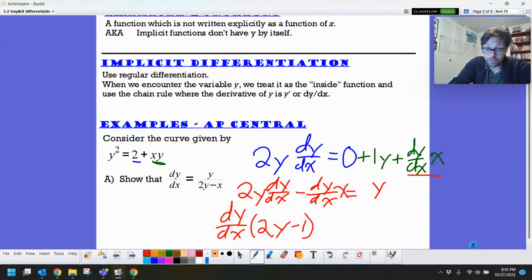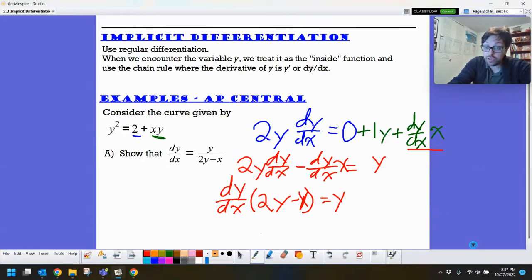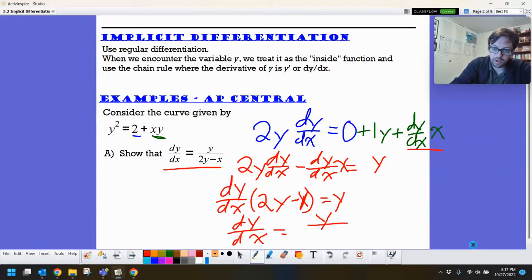I missed an x earlier, so we get (2y minus x) dy over dx equals y. And then to get that dy over dx by itself, we just divide by 2y minus x, and we end up with what they gave us to start with. So dy over dx equals y over 2y minus x.